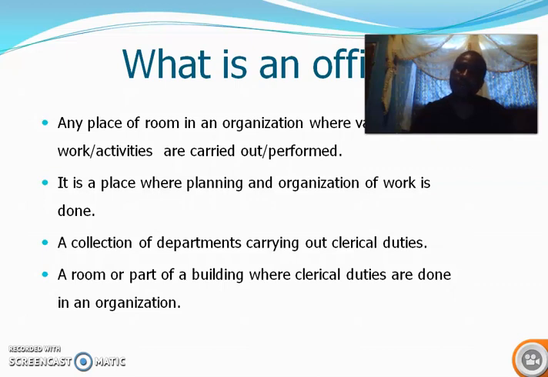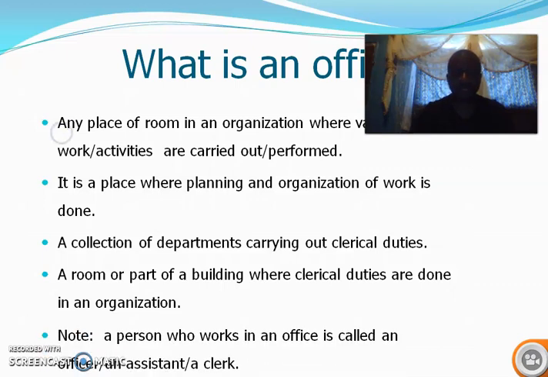Those are the 4 different definitions of an office, and you can pick whichever you feel is going well with you. It should be noted that a person who works in an office is called either an officer or an assistant or a clerk.